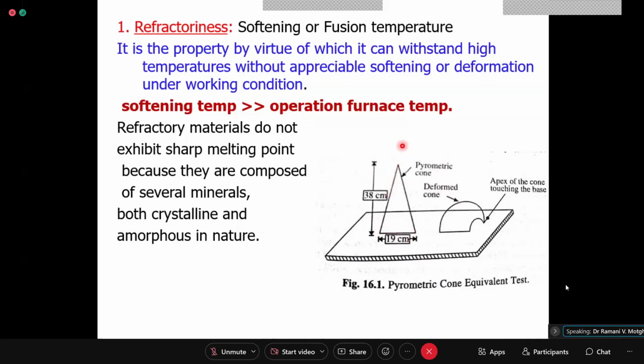So you need a reference material, and what you see, the temperature at which it starts bending, it starts deforming, is noted as the softening or the fusion temperature.